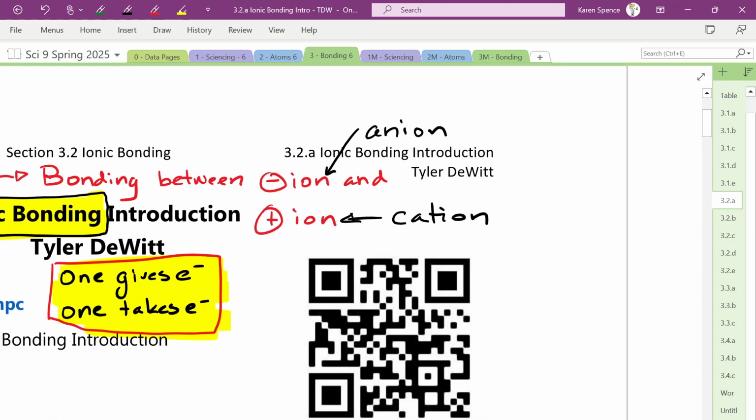So the anion will be a nonmetal, and the cation will be a metal. The one that gives electrons will be the metal. The one that takes electrons will be the nonmetal.